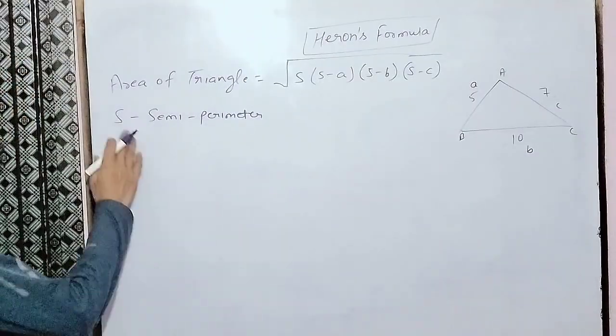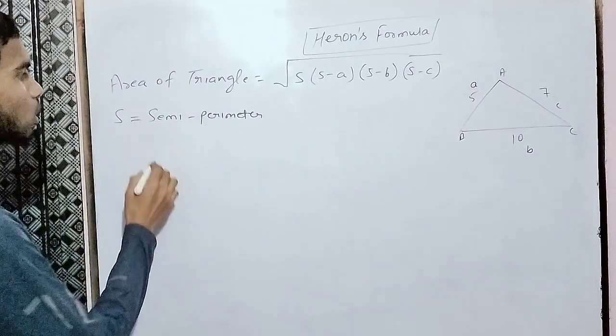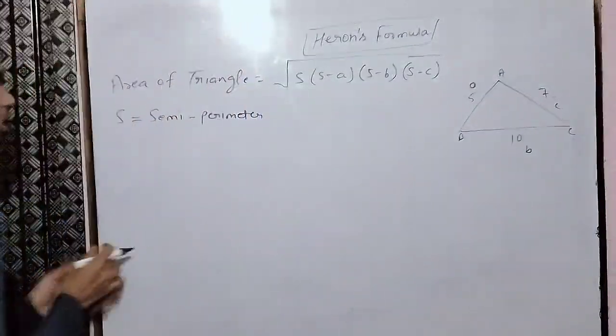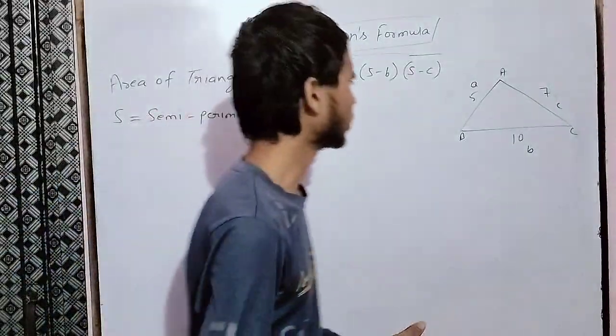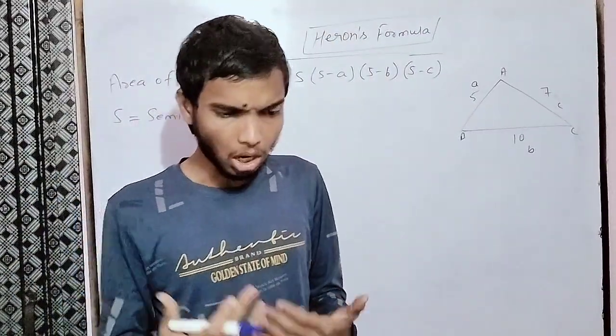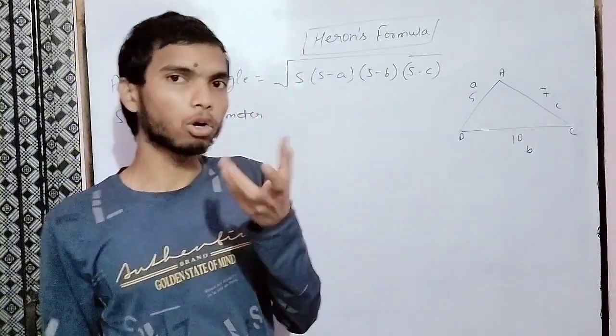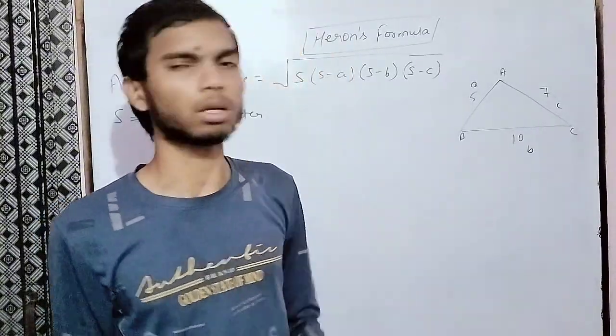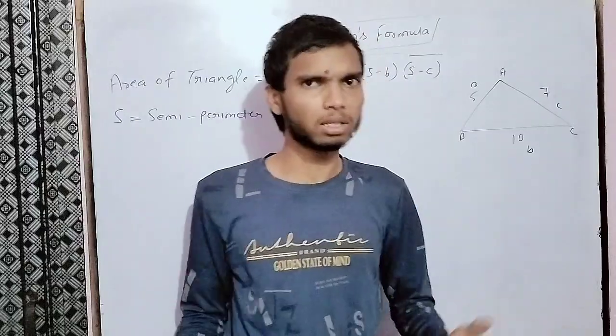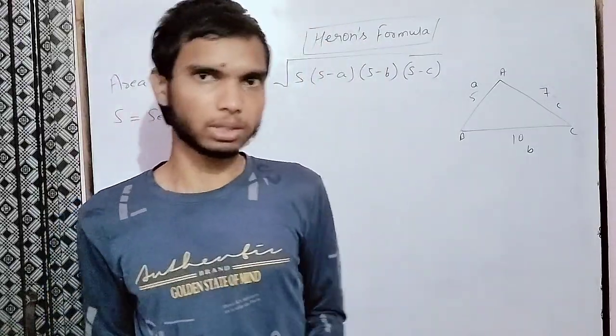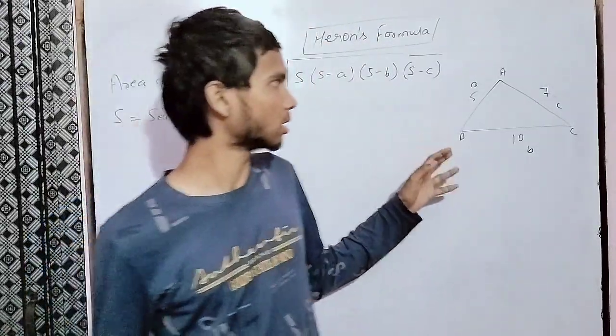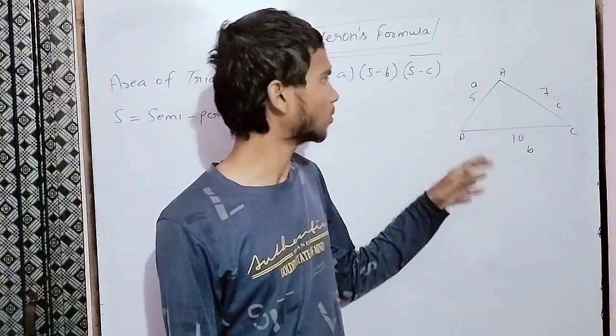To find the semi perimeter, tell me how you will calculate the perimeter of this triangle. You already know, we just add all the distance covered.